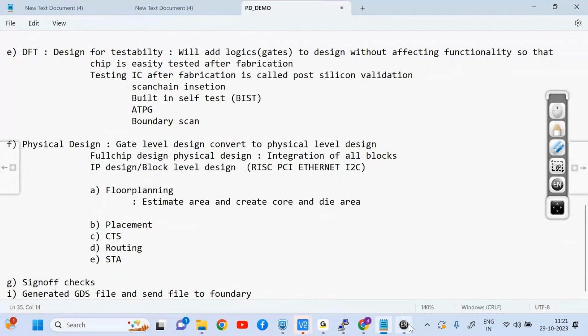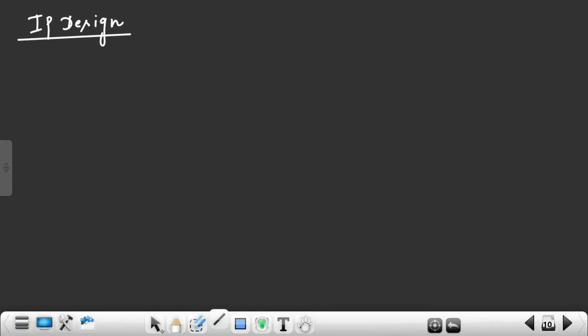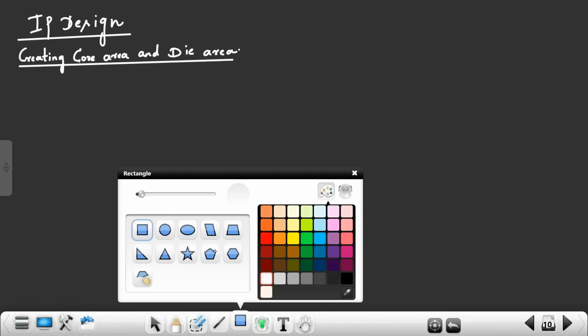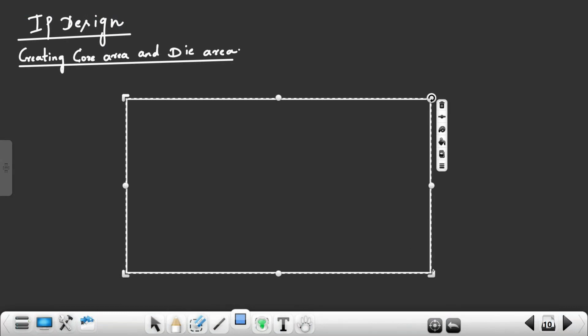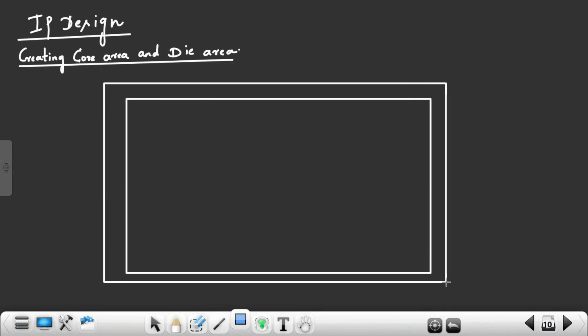What do core area and die area mean? The first step is creating the core area and die area. So this is your core area and this is your die area.